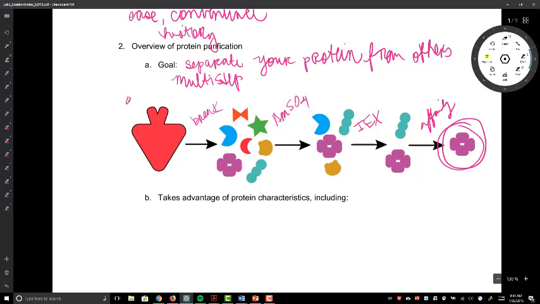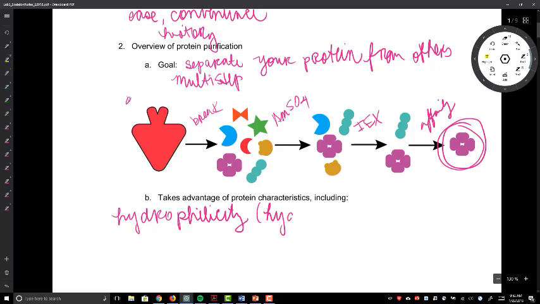So, the different characteristics that we take advantage of are the hydrophilicity. You can also think of this as the hydrophobicity, or the polarity of the protein, the overall polarity of the protein.